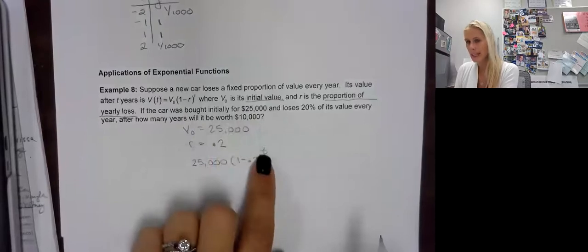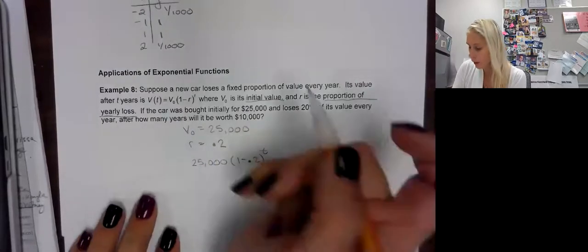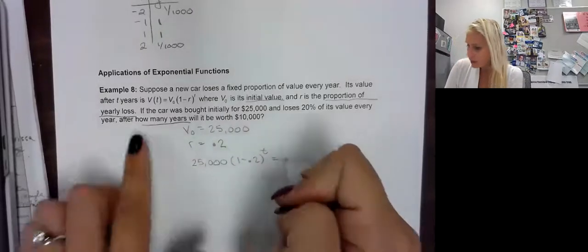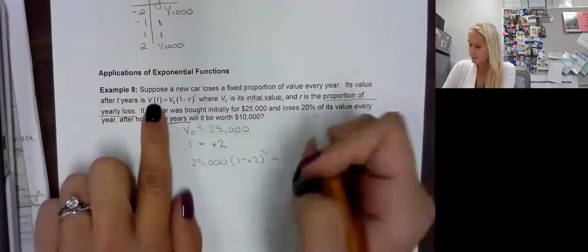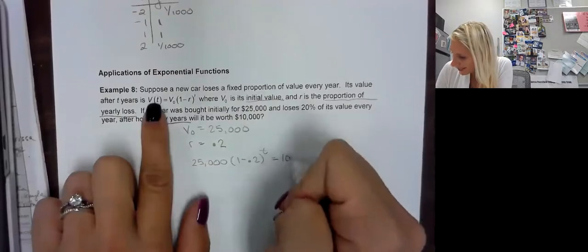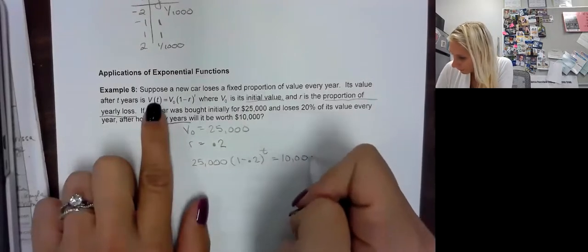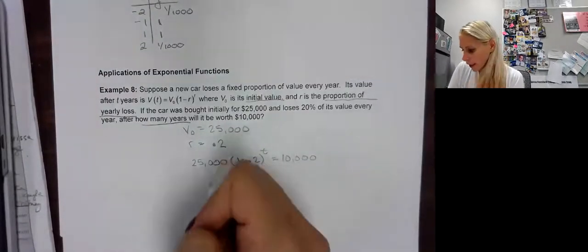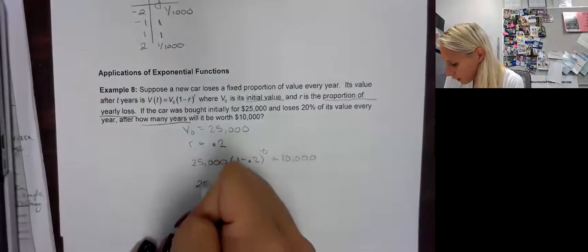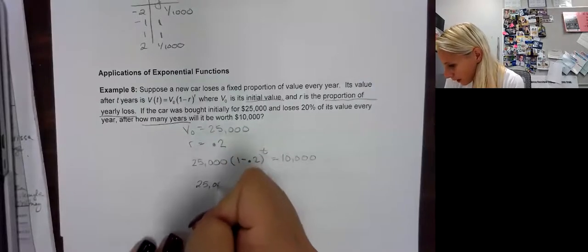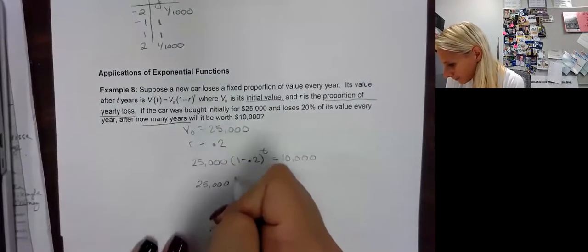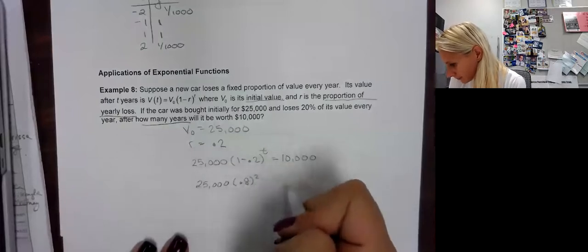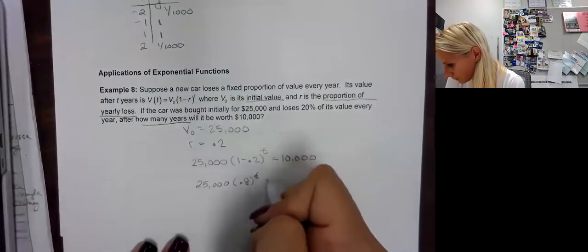So t stays the variable because that's what we're looking for, how many years. So the value is the v of t. So we put the 10,000 right here. Now I'm going to set this up going little by little here. So first, of course, what I'm going to do is 1 minus 0.2, which is 0.8 to the t. Why didn't I put 2?